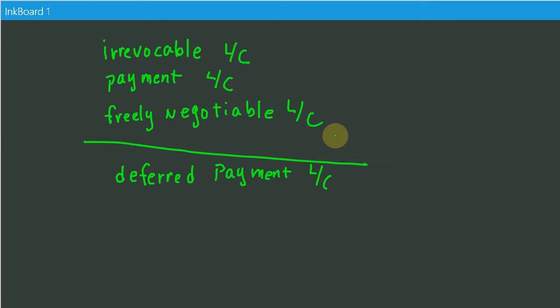Now, deferred payment should be distinguished from payment after acceptance, which has a similar meaning. I told you just now we needed to distinguish these two types.